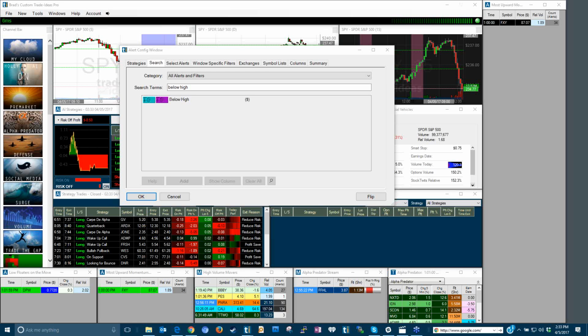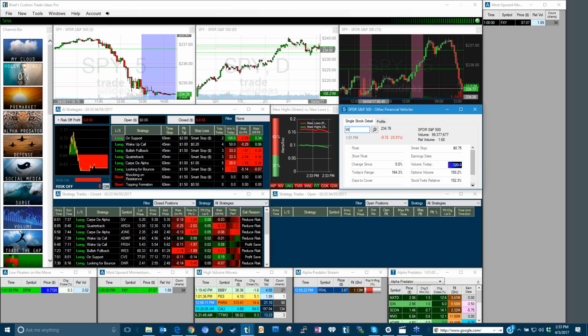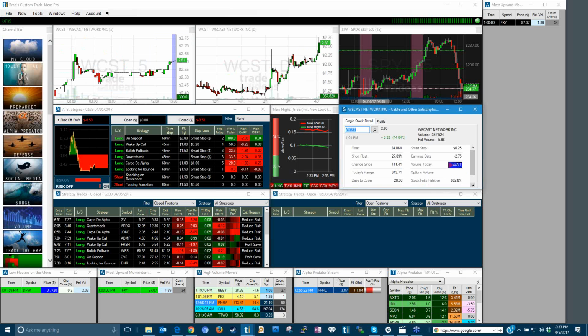I know that Barry and Scott have been answering some stuff. So there's a question here, can I plug in WCFT? And you can just go ahead and type a symbol into the single stock window or type it onto the chart to take a look at the data points that we have relative to that particular symbol, or look at the visual reference.